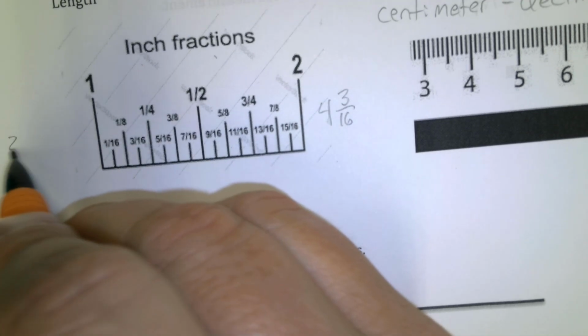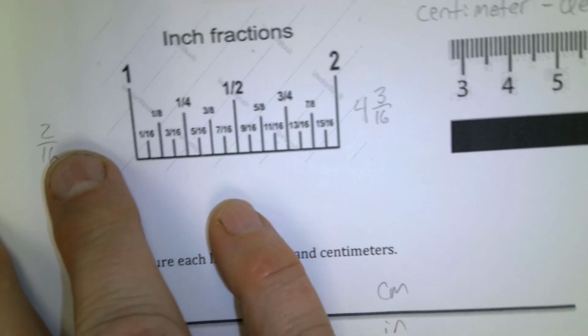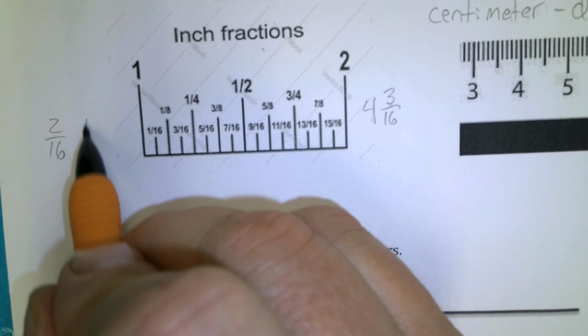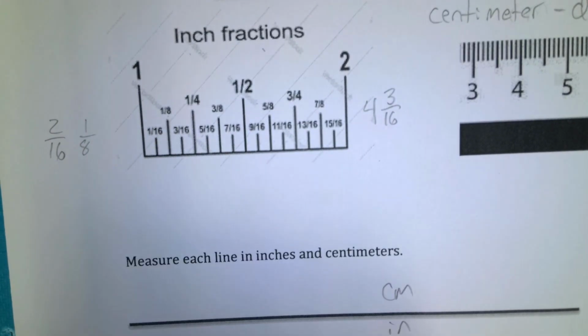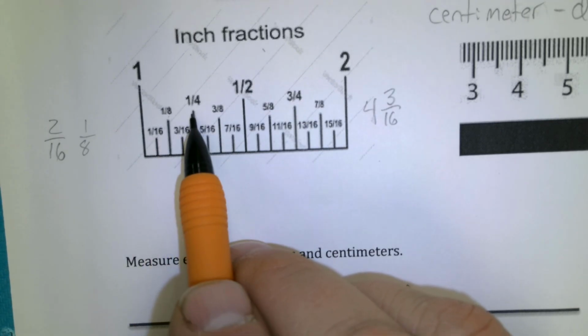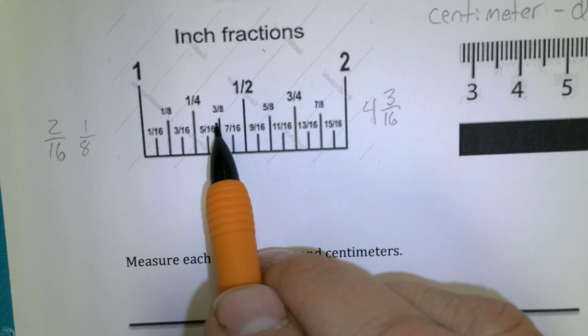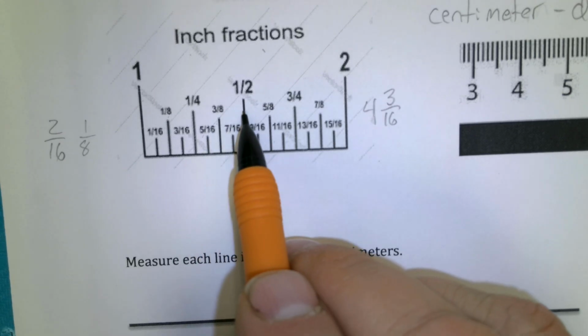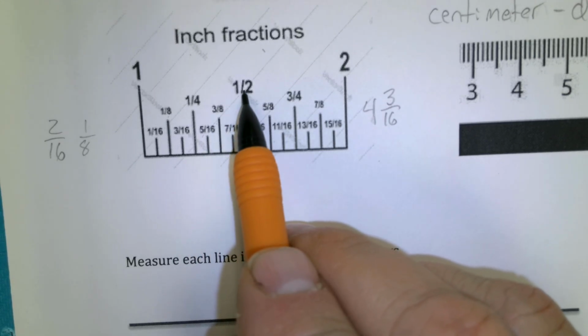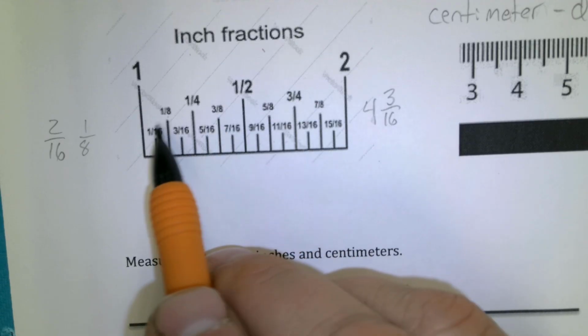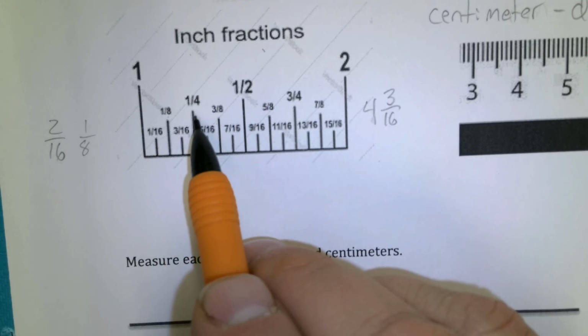Well, 2/16 reduces. Cut it in half: 1/8. Here, this is going to be 4/16. 4/16 reduces to 1/4. 6/16 reduces to 3/8. 8/16 reduces to 1/2.